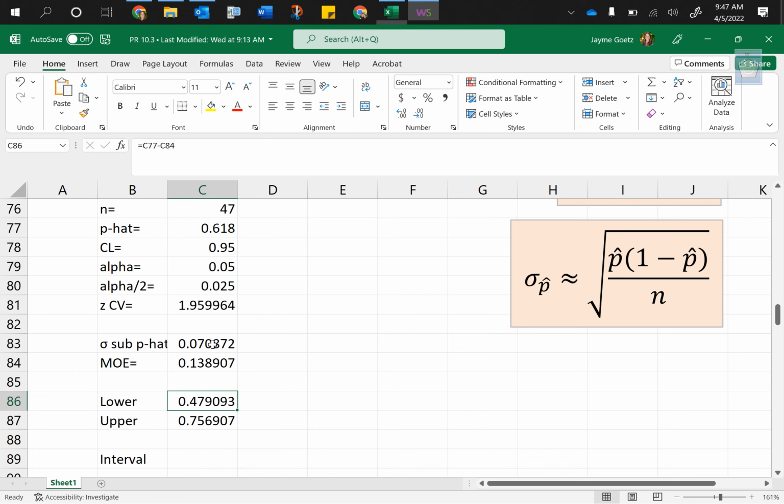What did I do wrong? 0.07. Oh, okay. So lower would be C77 minus C84, and then C77 plus C84.